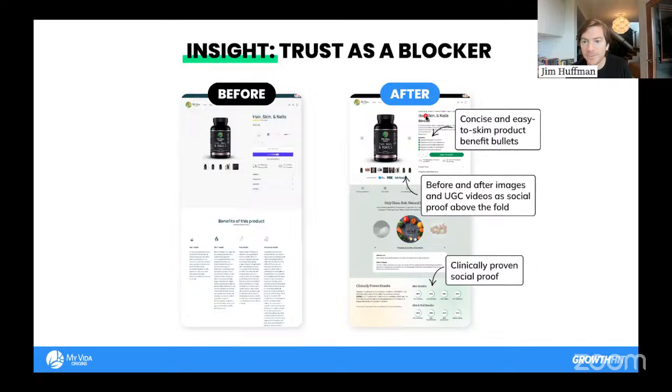Again, if people can't trust us, we're putting social proof up here with stats. We've got the logos here. We're doing a risk reversal with a 30-day money back guarantee. But also, if it's clinically proven, they did this study, this should be very prominent, showing people that, and we know that people will scroll down so they're going to see this. And then we put the ingredients and everything here.